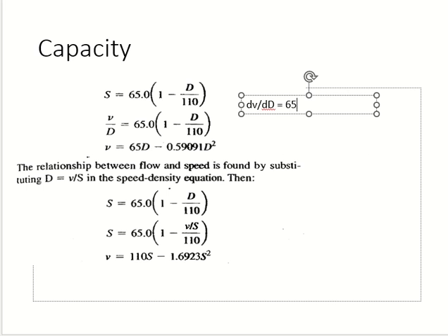The derivative will be 65 minus 2 into D, and we said at the maximum point the slope should be 0. So this whole thing should be 0. If this is 0, then how much is D? Give me the value.